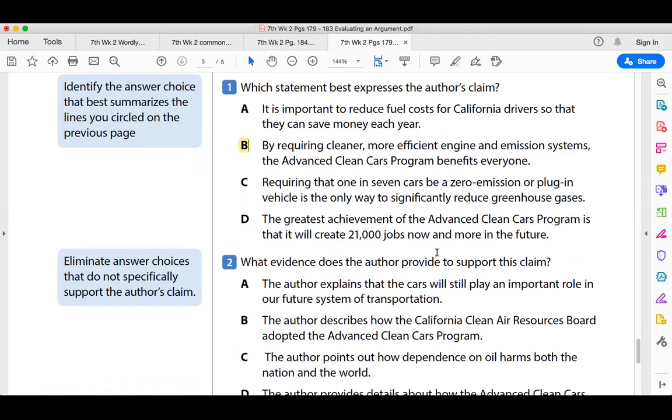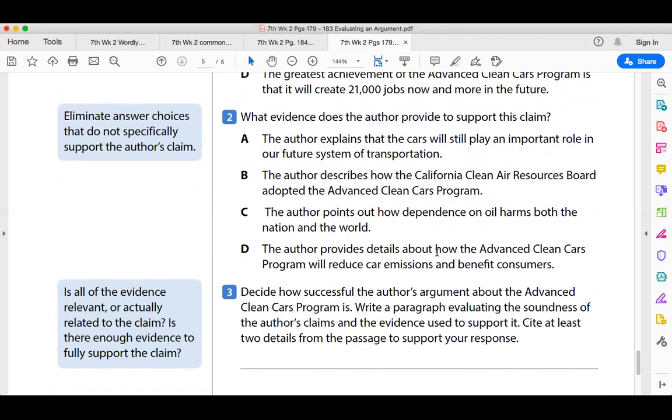All right, number 2, which evidence does the author provide to support this claim? All right, eliminate answer choices that do not specifically support the author's claim. Is it A, the author explains that the cars will still play an important role in our future system of transportation?